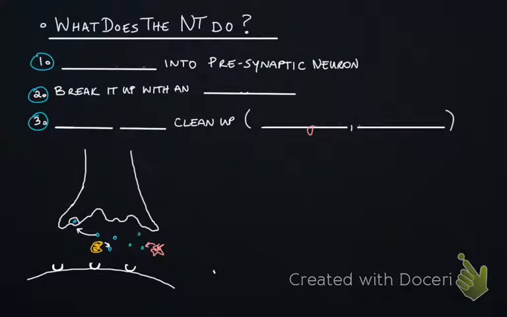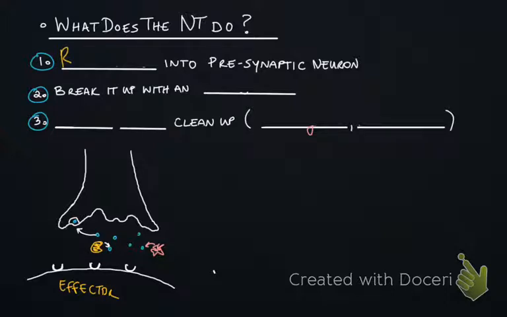So what does the neurotransmitter do after it's in the synapse? We know it finds its receptor, but what happens to the leftover neurotransmitter? So here we have our picture of our axon terminal. The neurotransmitter is in that space, and we also have our effector here with the receptors. Okay? So there are one of three things that can happen.